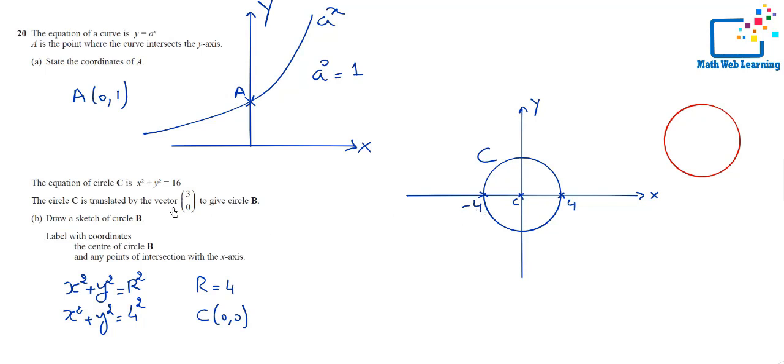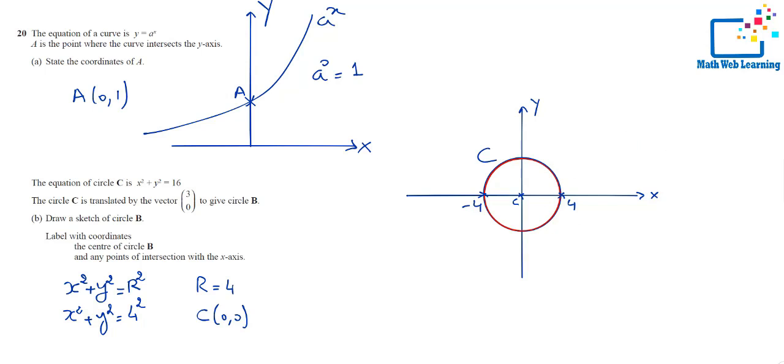Alright, now this circle C has been translated by a vector 3, 0, and you know what this means. It means 3 units to the right in the x direction, on the x-axis. Okay, so let's do that. I have a copy of this circle, exact copy I think, in red.